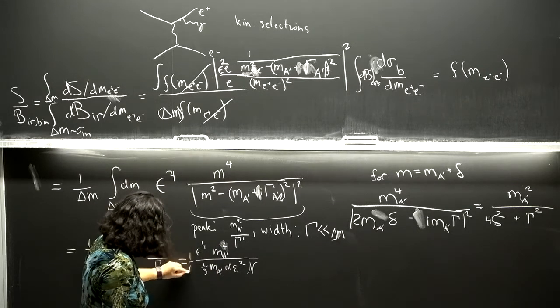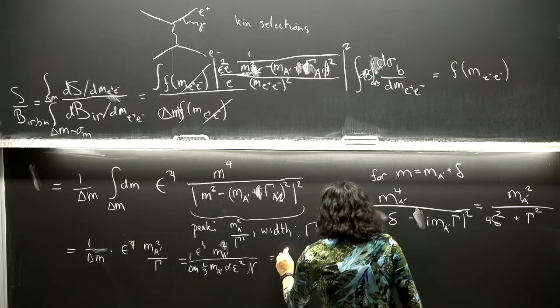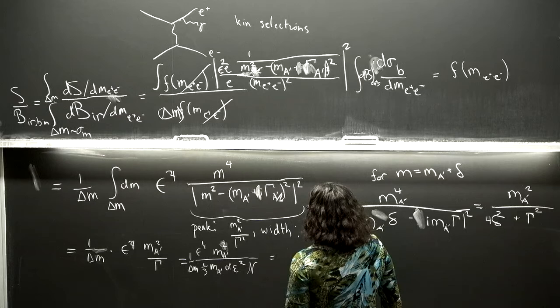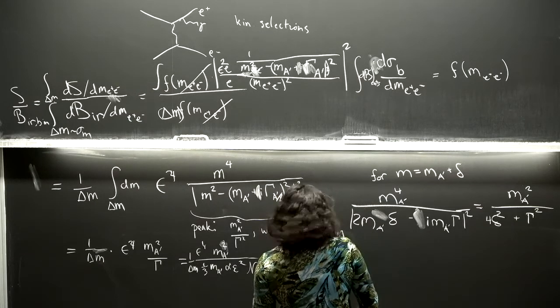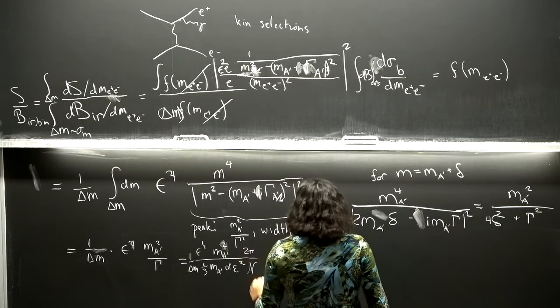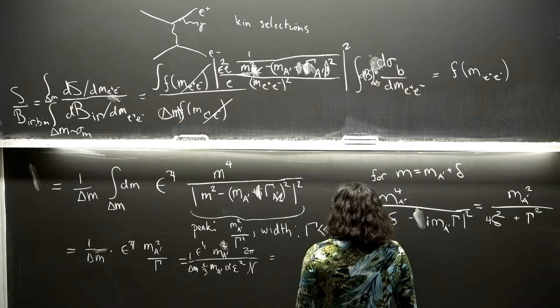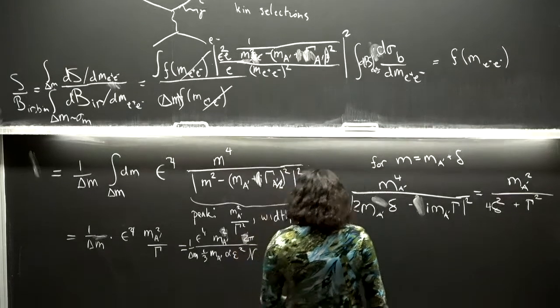I'll keep track of my 1 over delta m. And I end up, yeah, there's also a 2 pi factor, I think, that comes along from doing this integral carefully. Maybe it's just, yeah, it should be a 2 pi.